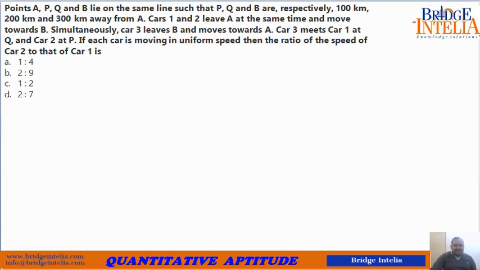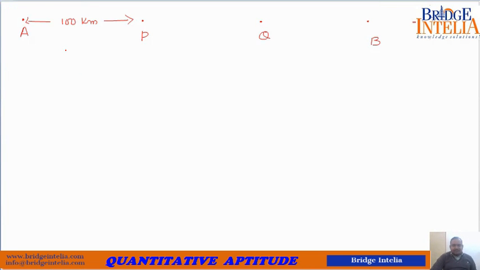It is also given that the distance between A and Q is 200 kilometers. That means from here up till here, the distance is 200 kilometers. So this gap is already 100, which means the distance between P and Q must be equal to 100, so that the total distance between A and Q becomes 200.